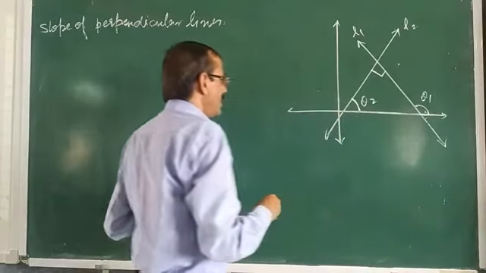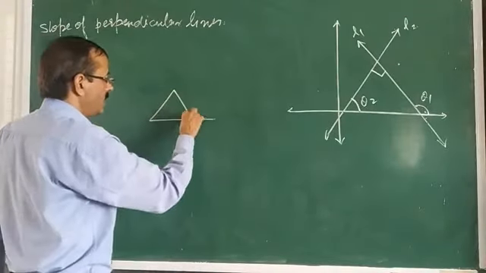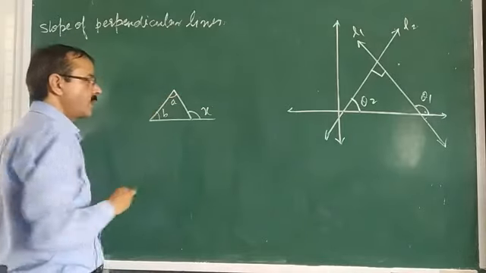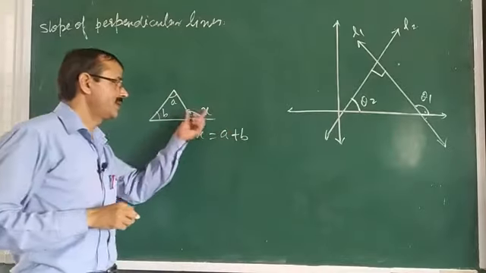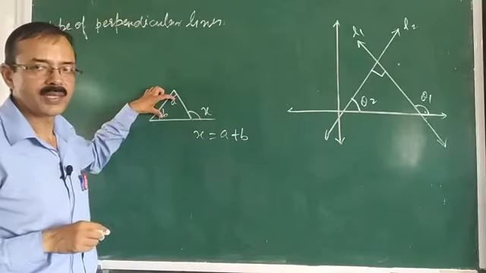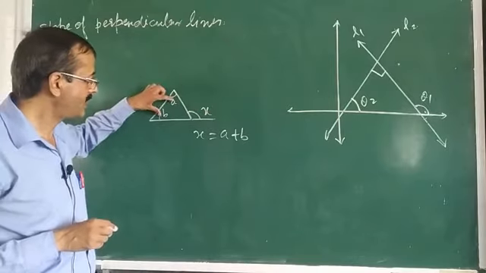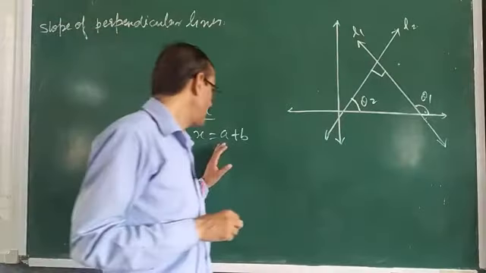In a triangle, the exterior angle is equal to the sum of the opposite interior angles: if this is x, and these are a and b, then x is equal to a plus b. You have to use the same format.